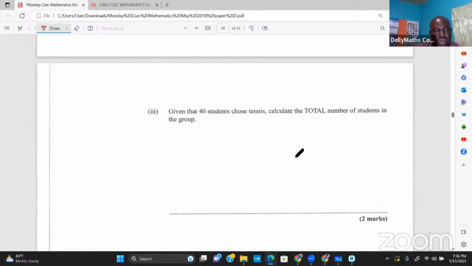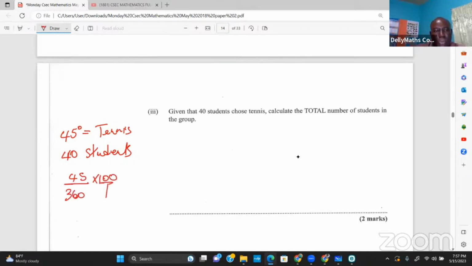I could say 45 degrees, that's tennis, and this same amount is 40 students. I could use percentage and then relate it. One way is to say 45 out of 360 times 100 will tell me the percentage that is 40. So I could find the percentage for tennis. That's just an approach.